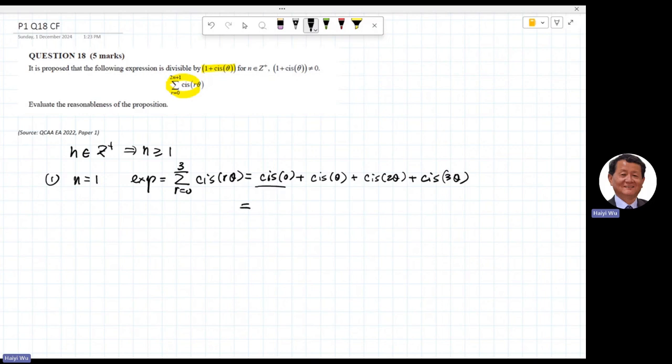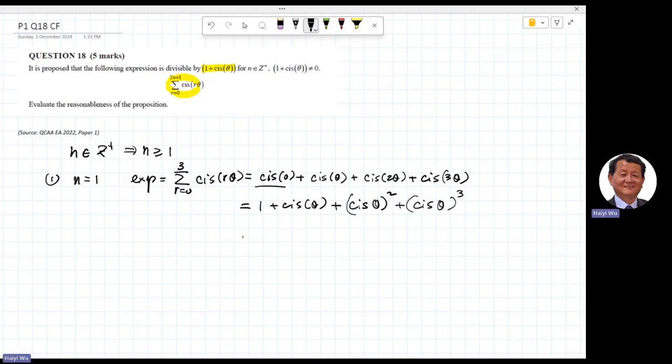We know cis 0 is 1, plus cis theta, plus, according to De Moivre's, cis 2 theta becomes cis theta to the power of 2, and cis 3 theta becomes cis theta to the power of 3.